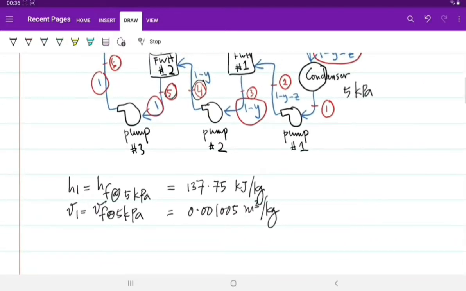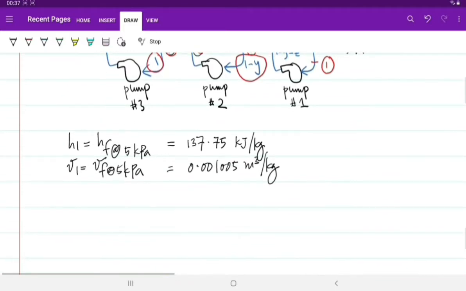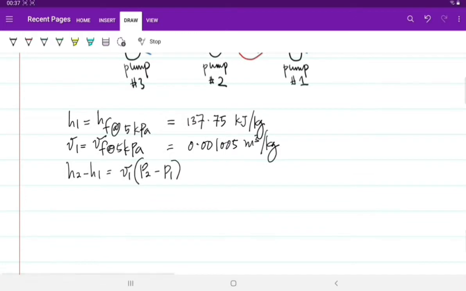To find properties at number 2, we can use the relationship H2 minus H1 equals V1 times P2 minus P1. Therefore H2 equals H1 plus V1 times P2 minus P1.